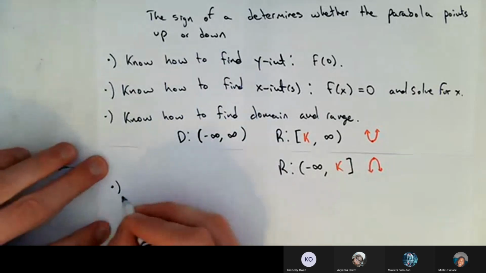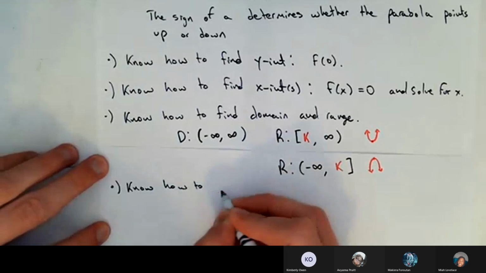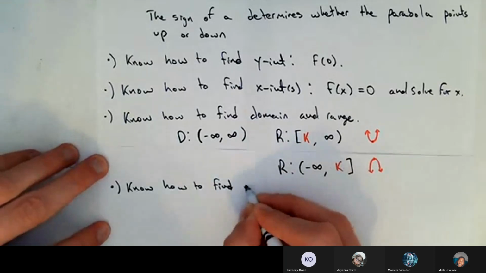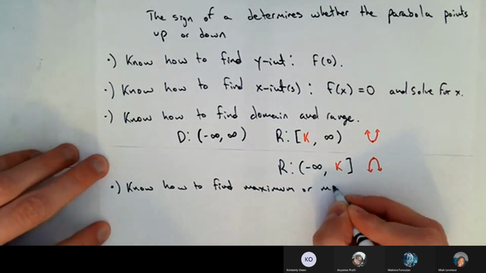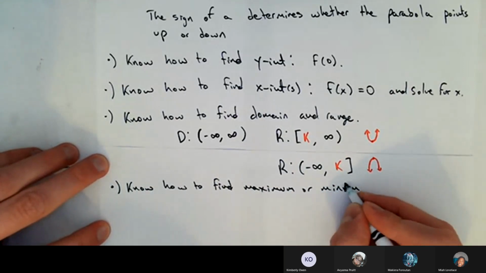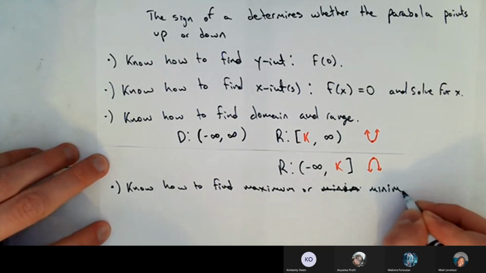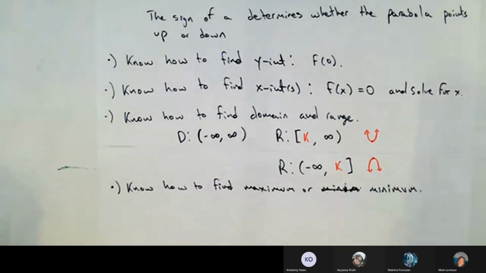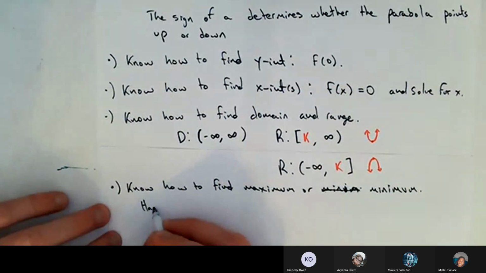And that leads into the next thing: know how to find maximum or minimum. And we know that it happens at the vertex.